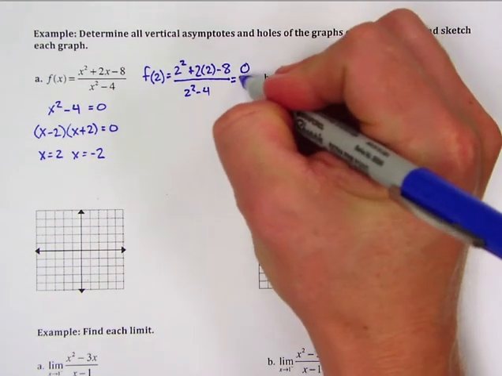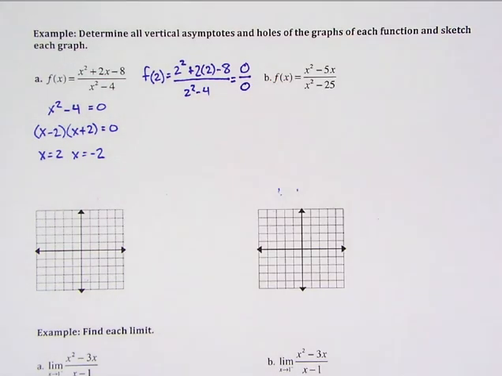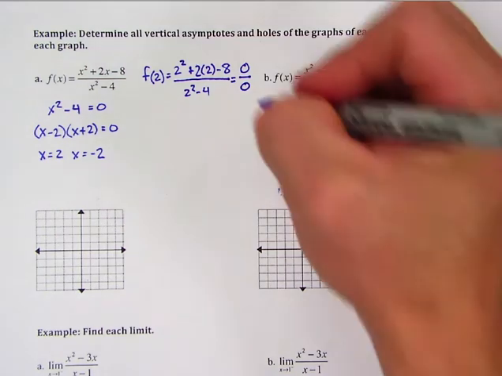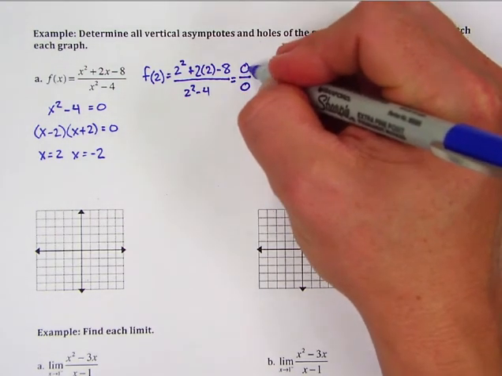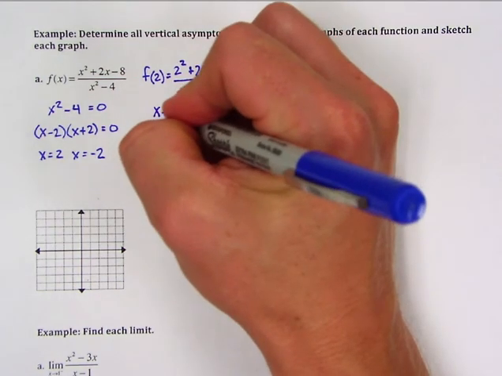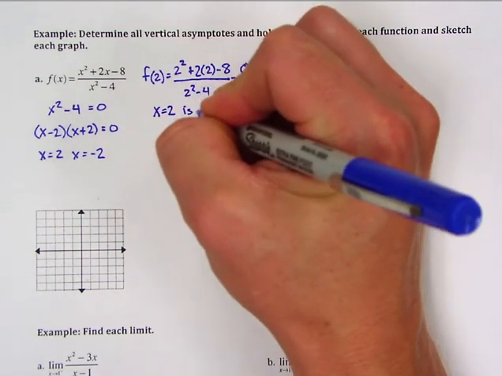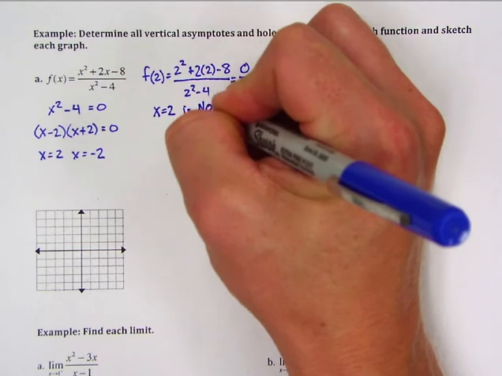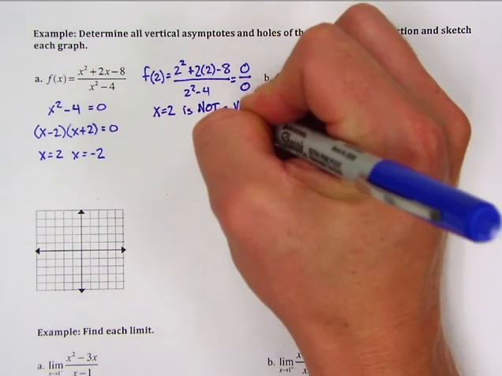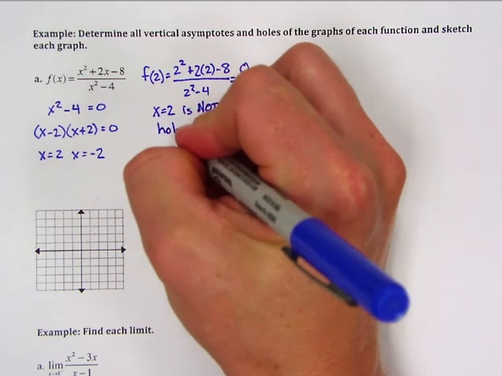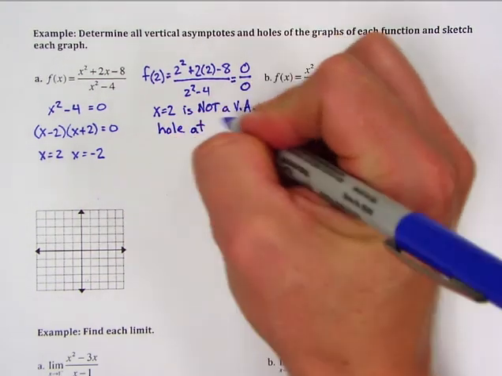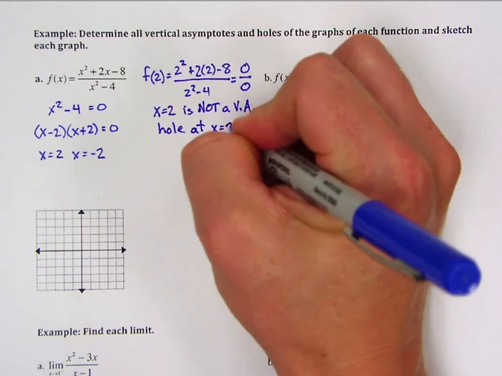So now we have 0 over 0. So because we have a 0 in the denominator and a 0 in the numerator, x equals 2 is not a vertical asymptote. Instead, we're going to have a hole at x equals 2.